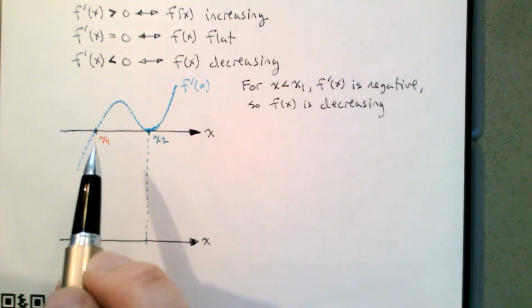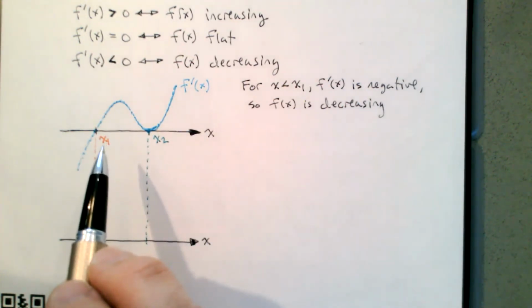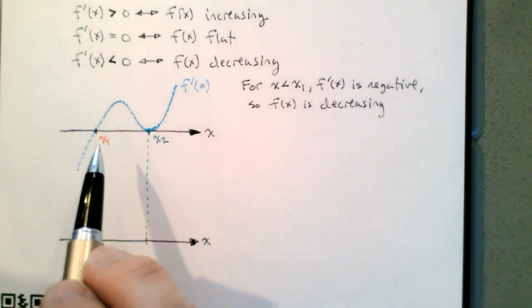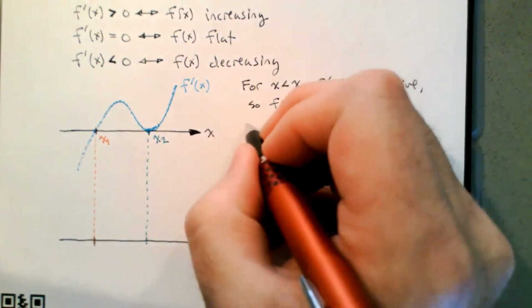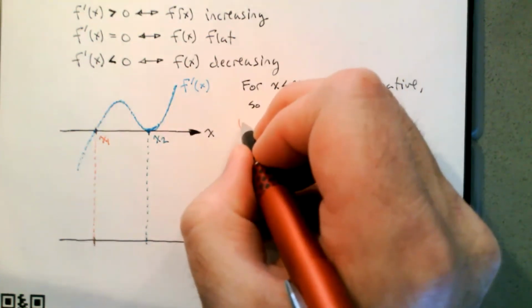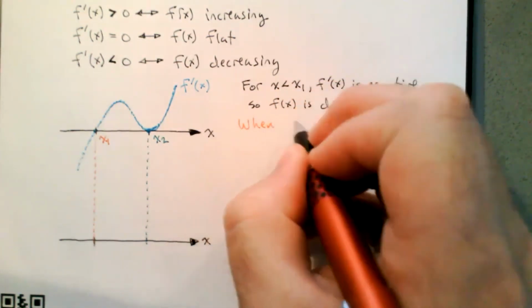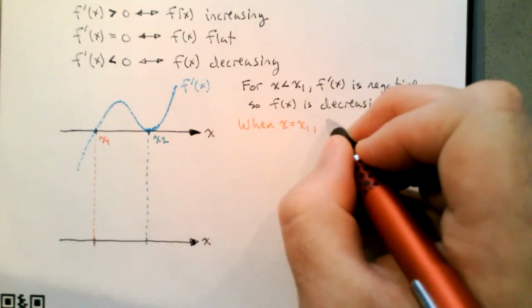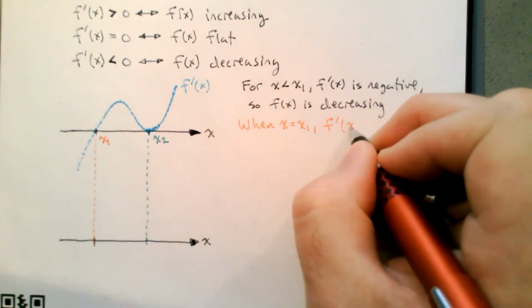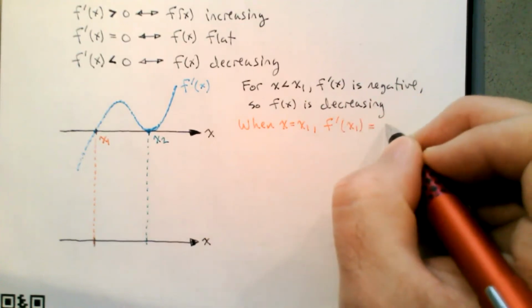When x is equal to x1, f prime of x1 is equal to 0.